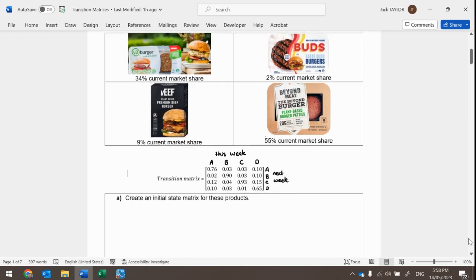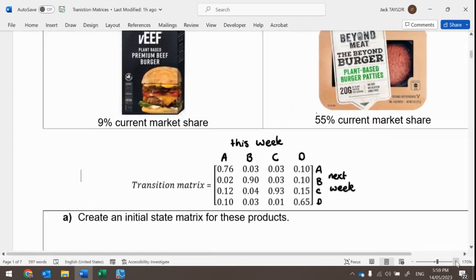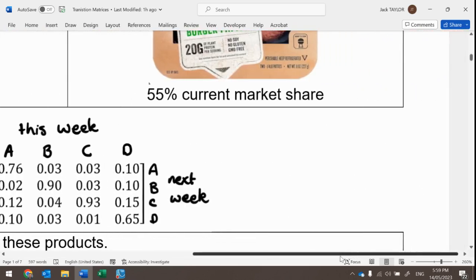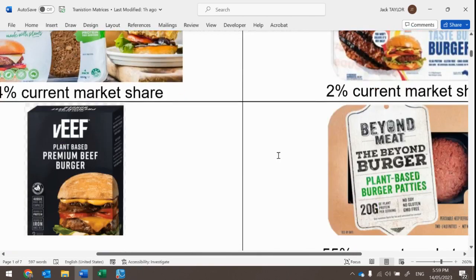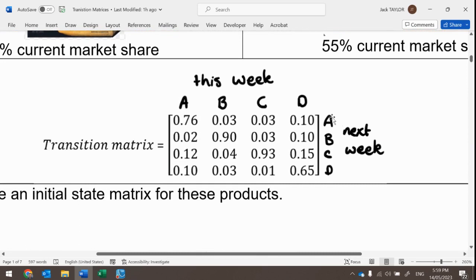Just looking at some of the numbers in here, I'll just zoom in. So this 0.76 in context means that 76% of people that buy A, which was, what was A? That was V2, will buy A V2 again next week. This 0.12 here means that 12% of people that buy A will buy C next week.